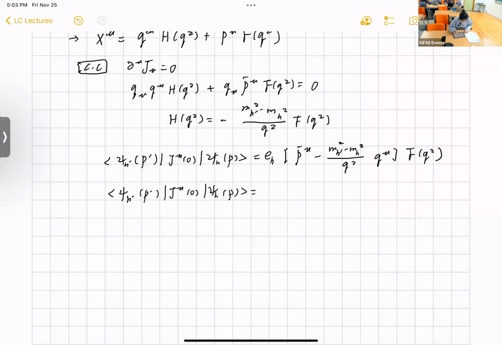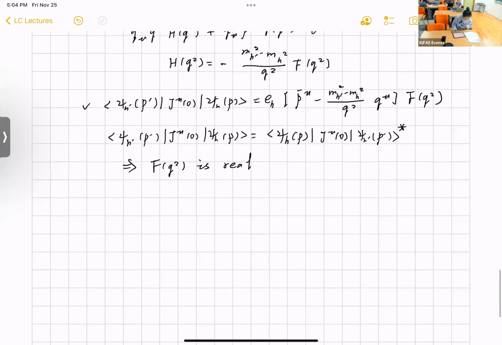If I take the Hermitian conjugate of it, meaning I put ψ_H to the left hand side, and of course take the complex conjugate, this should stay the same because it's Hermitian. And what this tells us from this equation is that f(q squared) is real. Okay, so we have a form factor and it is real.